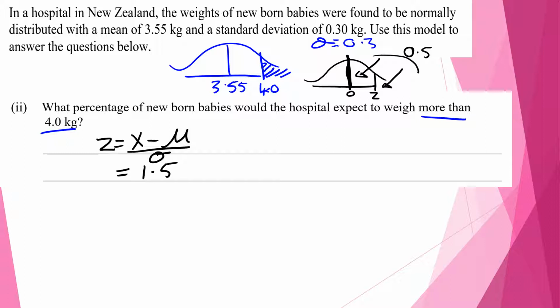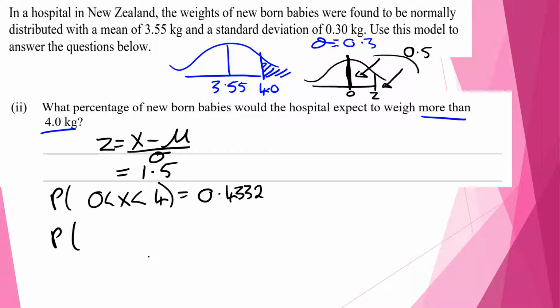When we look at 1.5 on the tables, the probability that x is between the mean and 4 will be 0.4332. And so the probability that we're actually trying to find is where x is greater than 4.